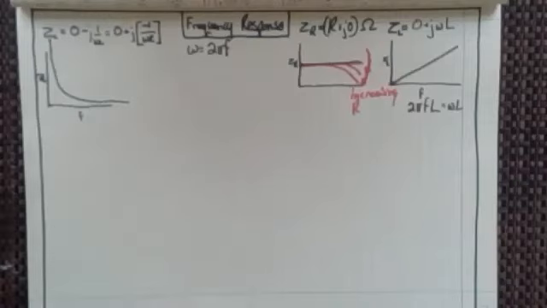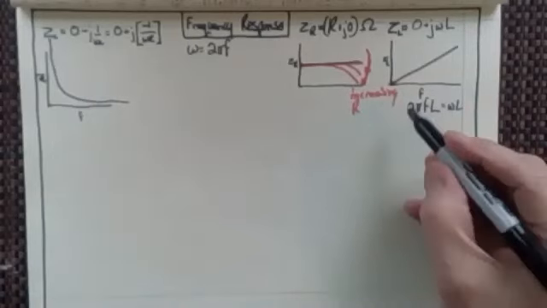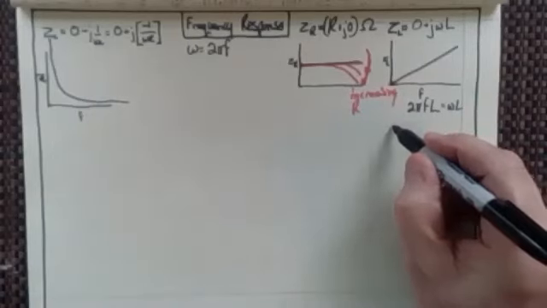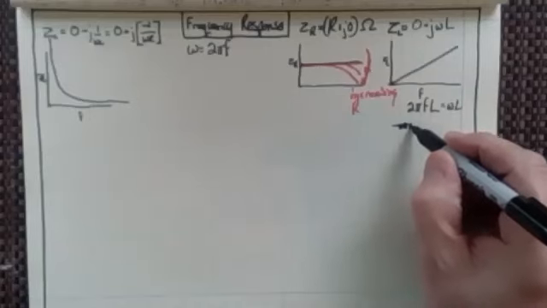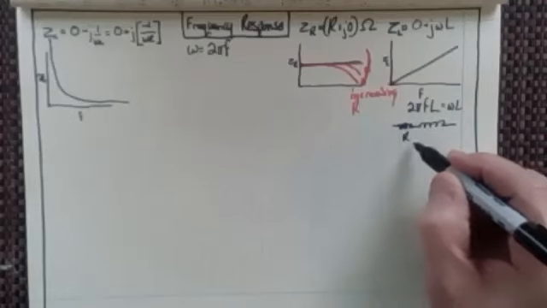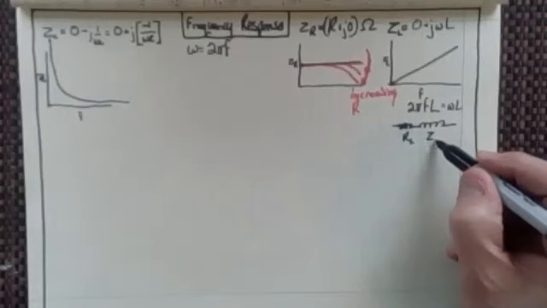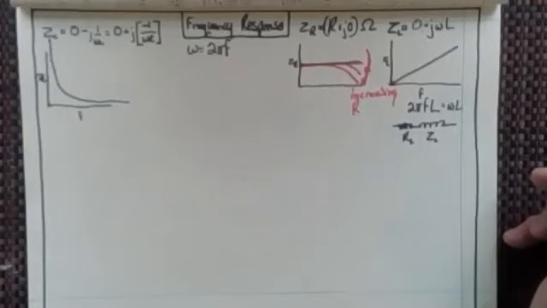Now, you're probably saying, well, does that happen with inductors too? Yes. Remember when we were doing that experiment on inductors, I said really an inductor is a resistor in parallel with an inductor. So we've got a resistance associated with the inductor, and then we also have the impedance of the inductor itself.